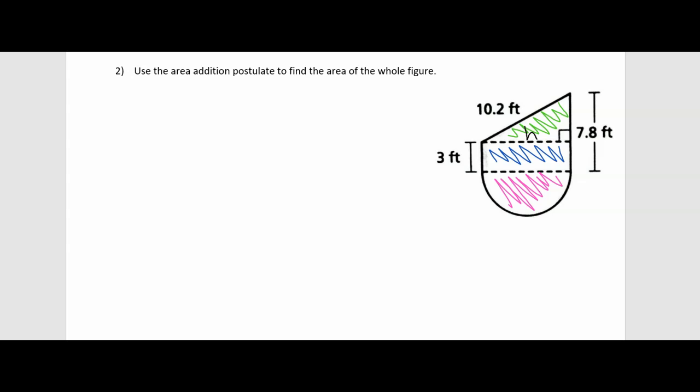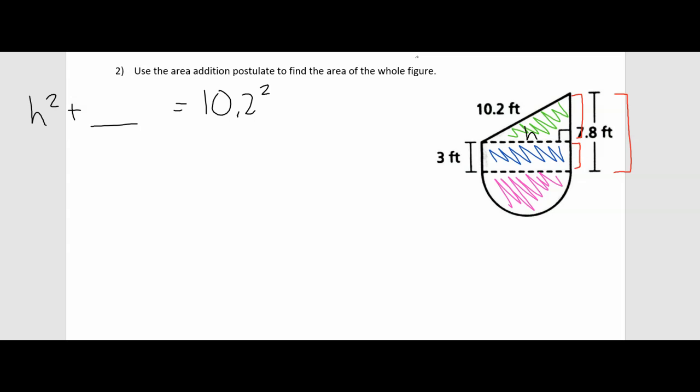So, a little Pythagorean theorem. I have my hypotenuse, which is 10.2. We're calling that h. So h squared plus something is equal to 10.2 squared. I said something because I'm not actually given this dimension here. However, I know that this entire thing is 7.8.